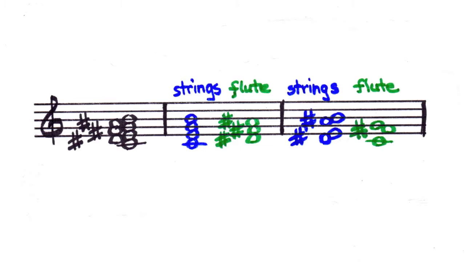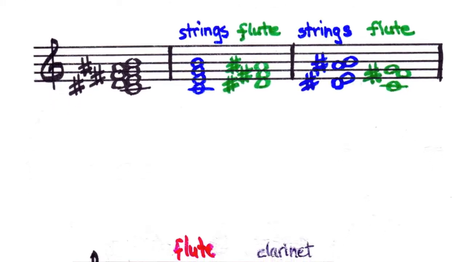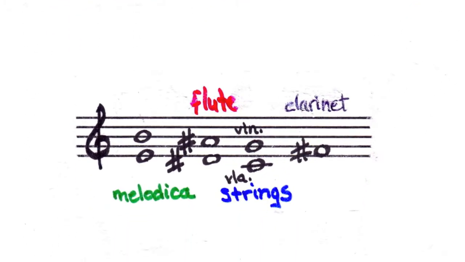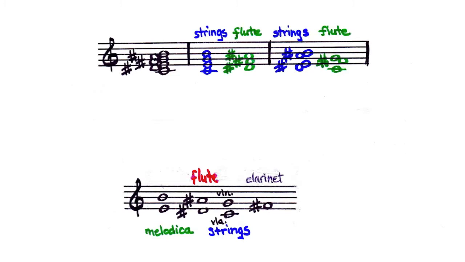This next voicing accentuates the dissonance by having semitones in the flutes and in 2 places in the strings. And now arranged for 4 different instruments. And now all 4.